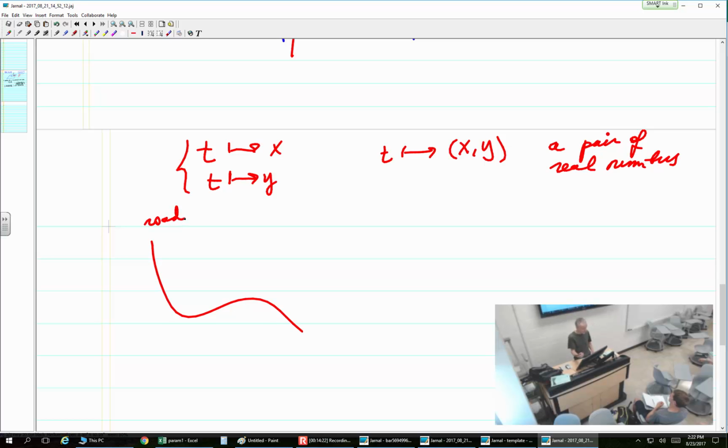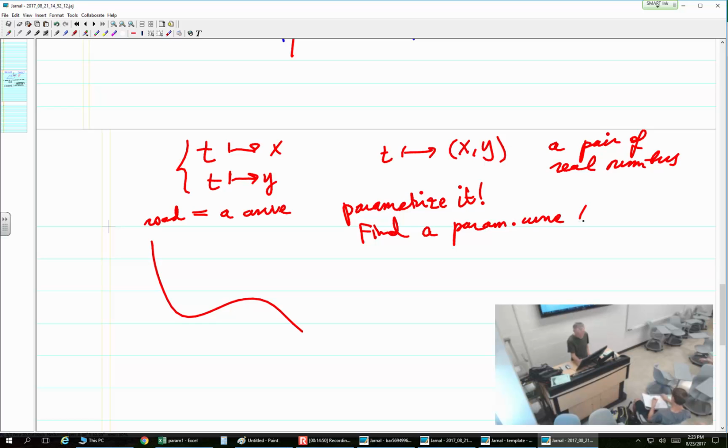We actually can see a road, so it is a curve. And then what I want to do is parameterize it. In other words, represent it. What does it mean? It means find a parametric curve that follows this path.